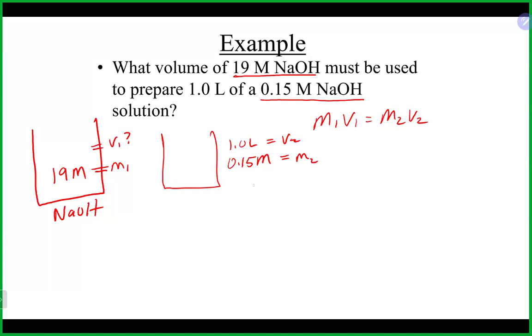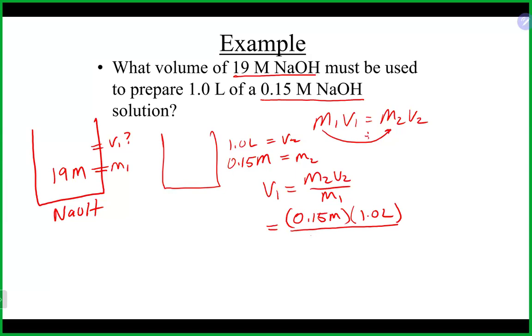So if I put into this formula, I'm going to solve for V1, which means I'm going to divide that to the other side. And that will give me M2V2 divided by M1. Putting in my numbers, I will end up with M2, which is 0.15 molar. My V2, it is okay here to leave it in liters, and that works.